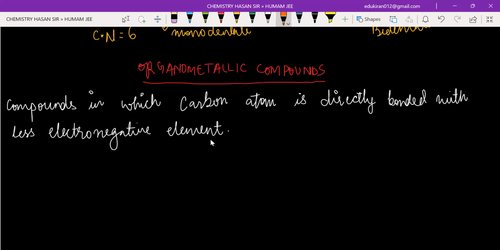So this is the generalized definition of organometallic compounds.